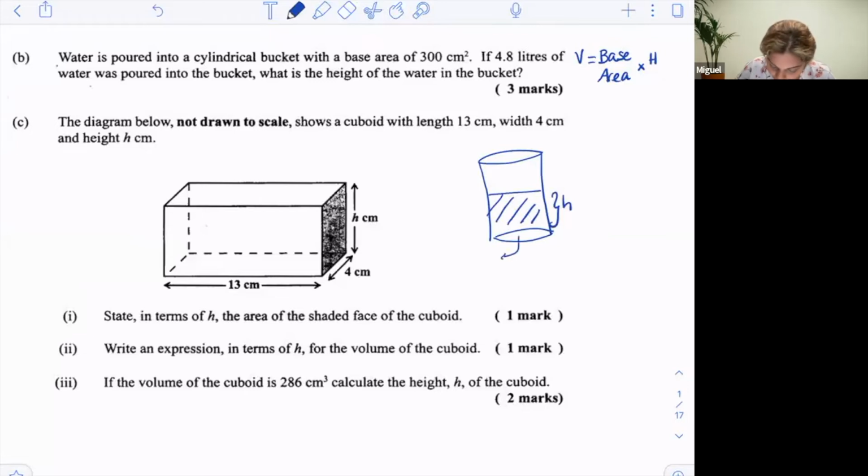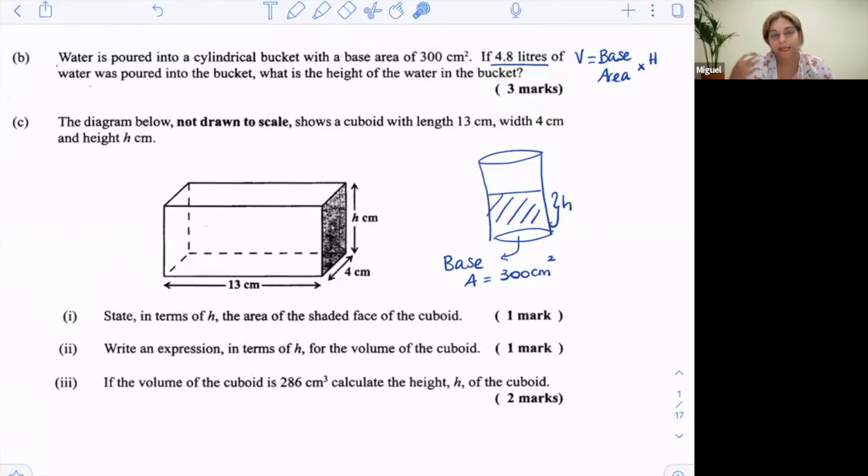They are telling you that the base area is 300 centimeters squared. Now, they gave you the volume, but they gave you the volume in liters. If we look at the marking scheme for this question, it is a 3-mark question.